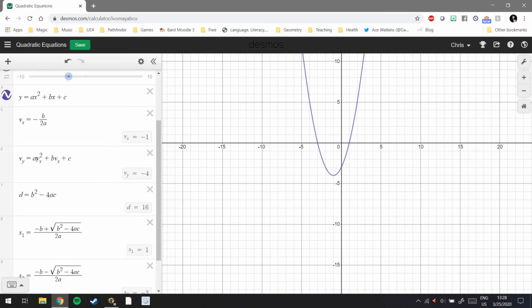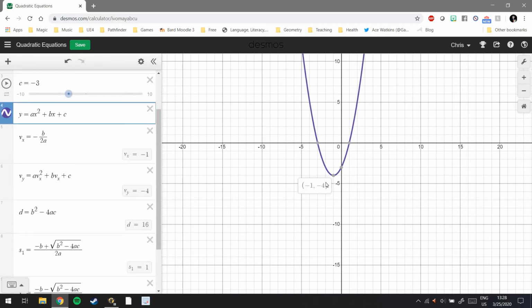I just plugged in Vx wherever I had x before, and I get Vy is -4. So our vertex is at -1, -4. Now let's go check this in the parabola. If I click on the parabola, the vertex, here's the lowest point, is at -1, -4.